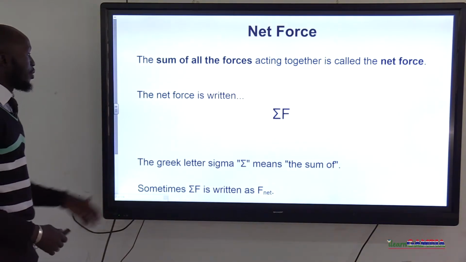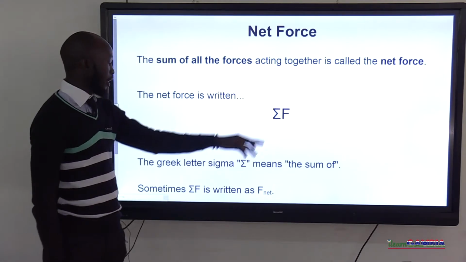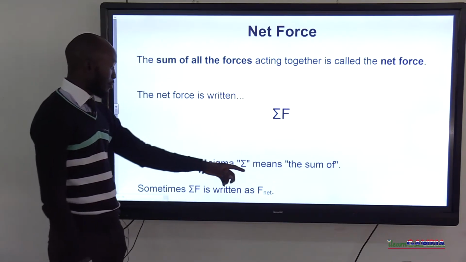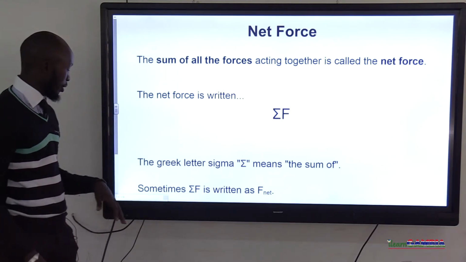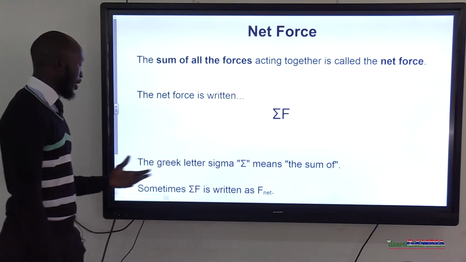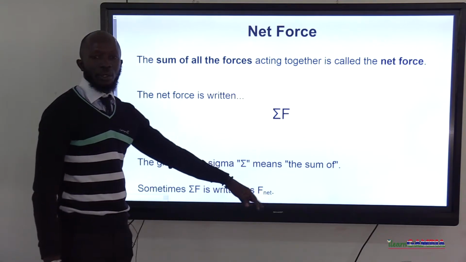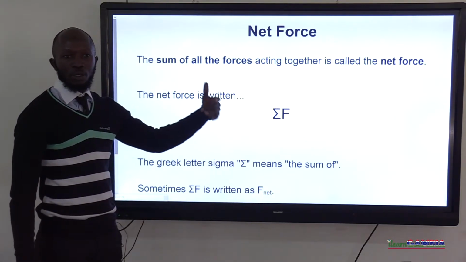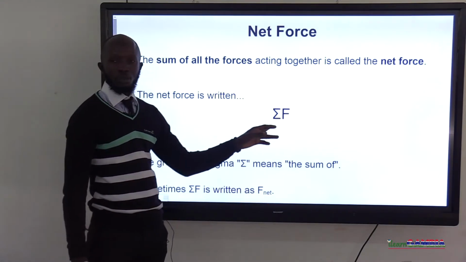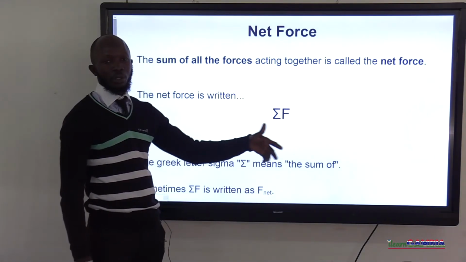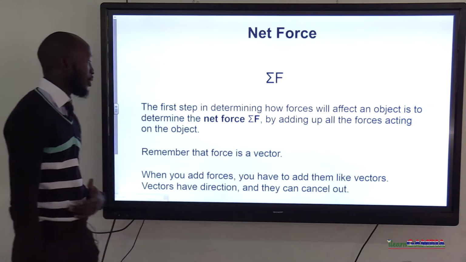The net force is usually written as sigma F, and the Greek letter sigma here means the sum of. It means the total of the forces that are acting on a particular object. Sometimes sigma F is written as F net. So in books or wherever you see F net, you should always relate it to sigma F. That means the total of the forces that are actually acting on an object.